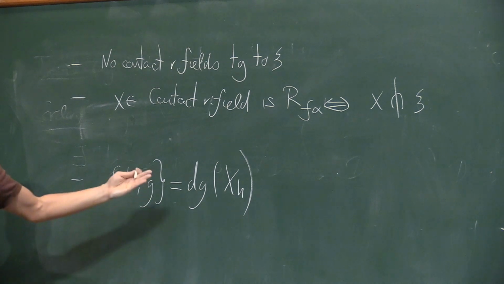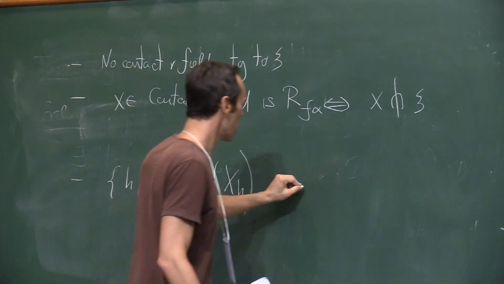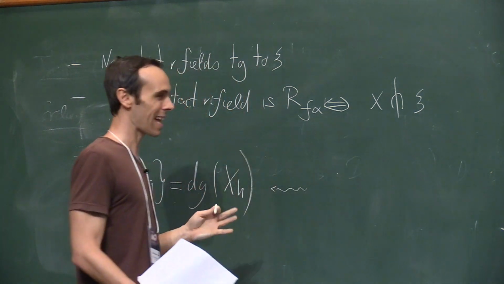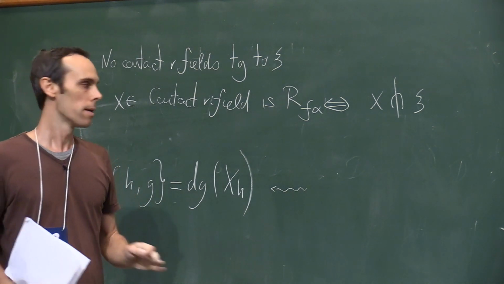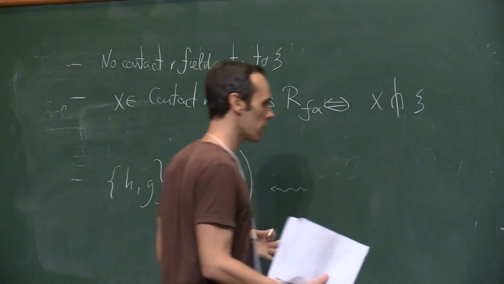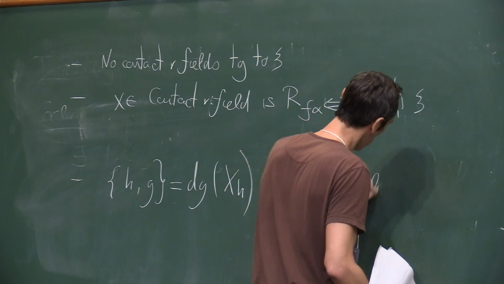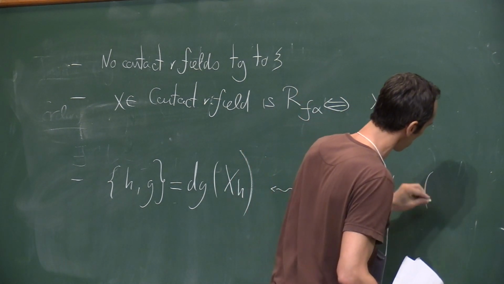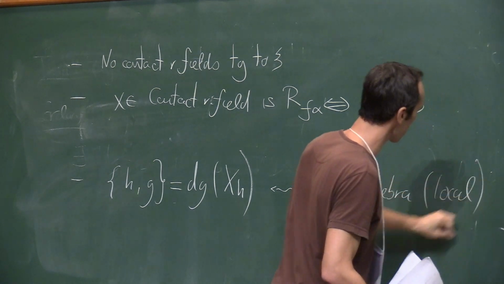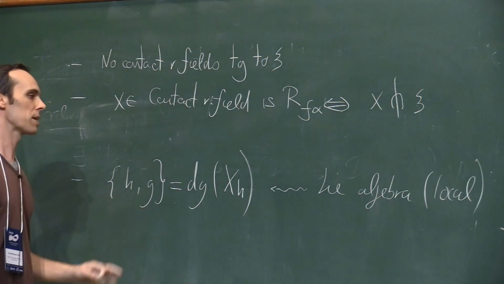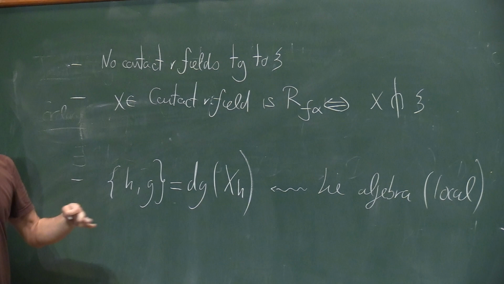Unlike in the symplectic case, you have a bracket which is a Lie algebra. It's actually a local Lie algebra, so it decreases the support, but it's not true that it verifies some sort of Leibniz rule.